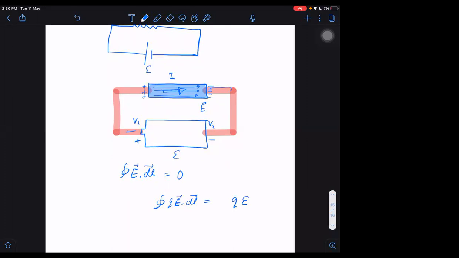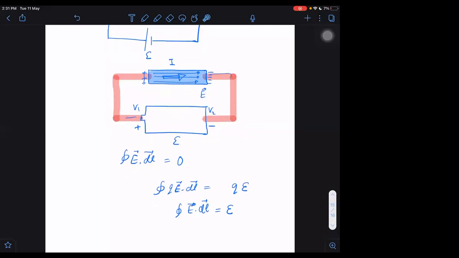If I cancel q on both sides, then inside the closed loop, E dot dl should come out to be equal to EMF. It is that EMF only which is responsible for the flow of charges in this loop.